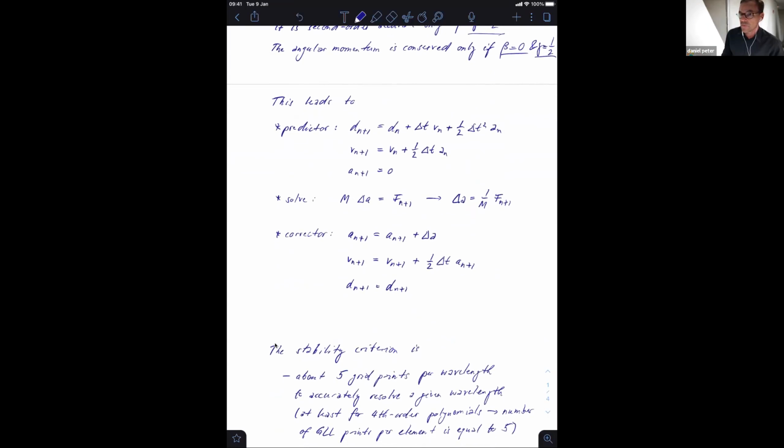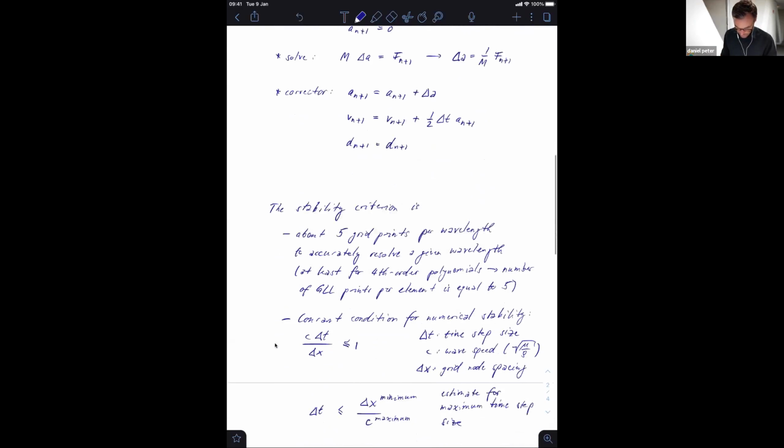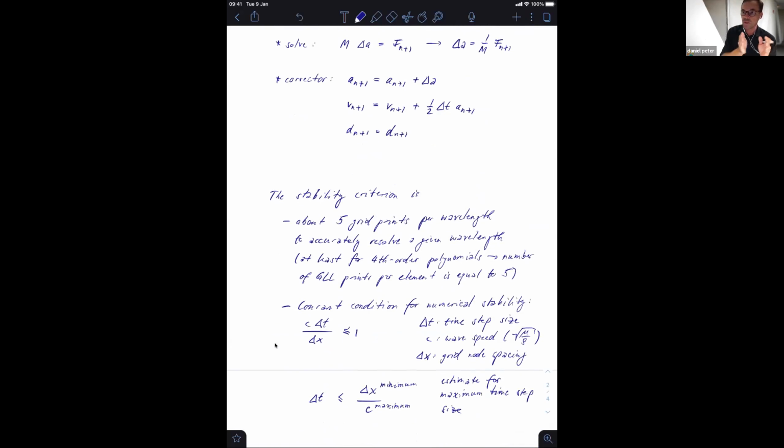You can have local time step schemes also for the wave equation implementation. So then the time step size here, delta t, becomes a local time step size, local to each element, basically. Each element can have its own time step size.